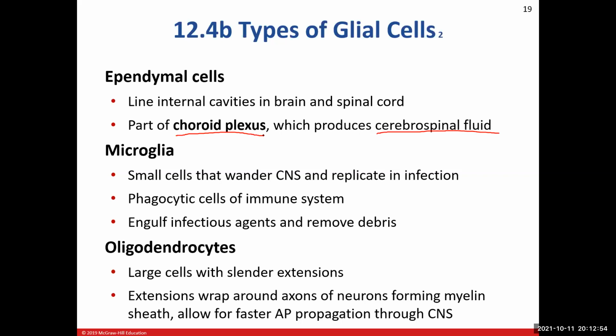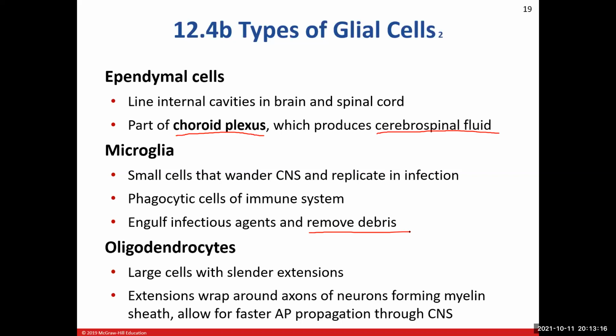Most times they'll just undergo phagocytosis and gobble up whatever it is that they found. And of course, if there's an infection going on, they'll start to reproduce to help match that infection. If there is tissue damage up there too, they'll also act similar to the macrophage and help to remove some of the debris there.